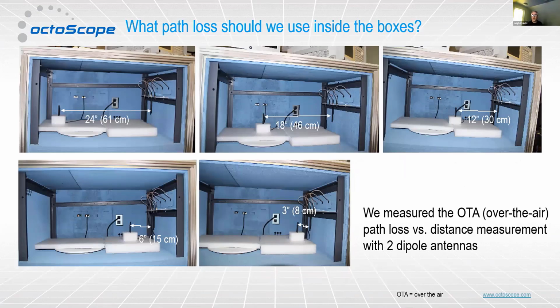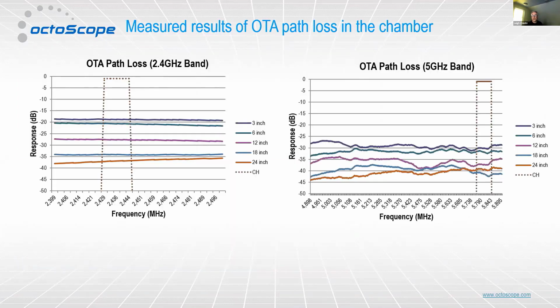The first thing that's going on is that we've enclosed our devices in these isolated chambers. So there's an over-the-air link now between the device under test and our testbed antennas. What path loss should we use for that? To answer that question, we measured the path loss inside the box using dipole antennas, so with a well-known antenna pattern. We measured that in the 2.4 gigahertz band and in the 5 gigahertz band, for different separations between the antennas.